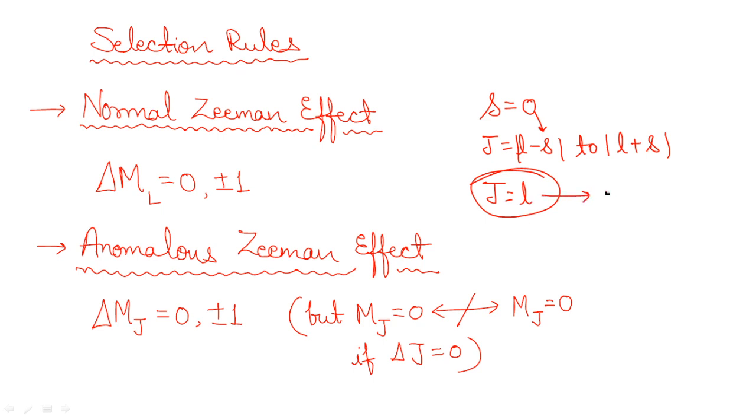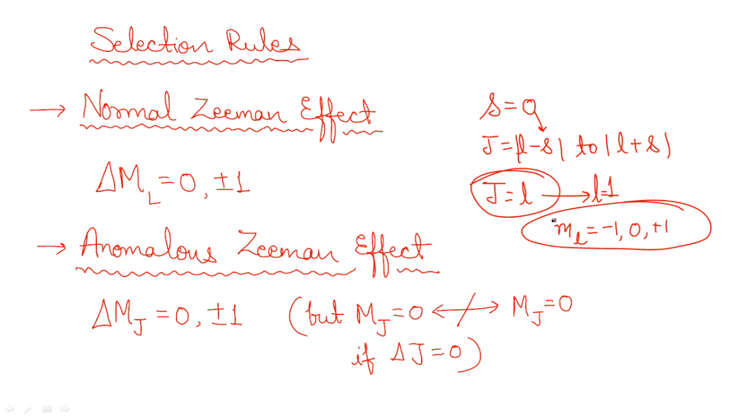Now if the L value is 1, for example, what will be the ml values corresponding to that? Minus 1, 0, plus 1, or plus 1, 0, minus 1. This is how you firstly write the ml values, and then corresponding to that you can get delta ml.